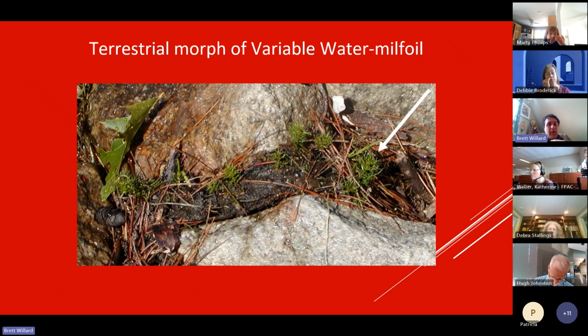If this plant gets onto shore and gets stranded, it can actually do just fine. It'll make these little pine tree-like structures that you can see. There's an arrow pointing to one on the side here, and right here it's in the crack between some rocks. They can be quite happy until the water rises again and they can start growing, which is very, very sneaky.